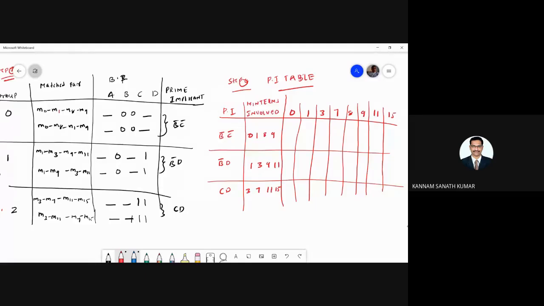Whatever the min terms involved, mark a cross: 0 1 8 9, and next 1 3 9 11 and 3 7 11 15.